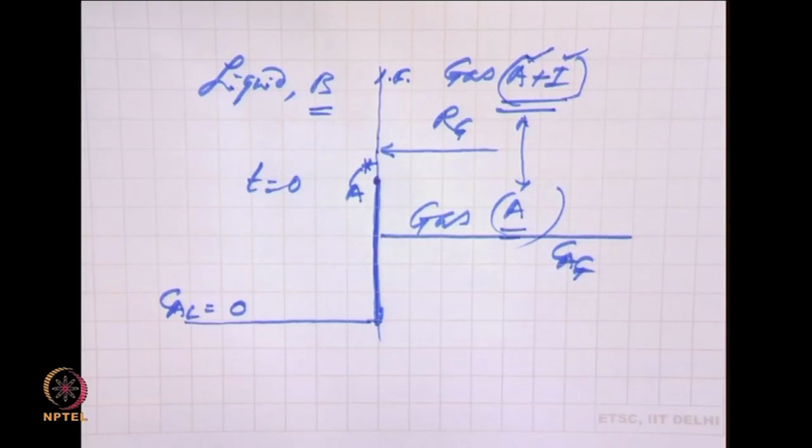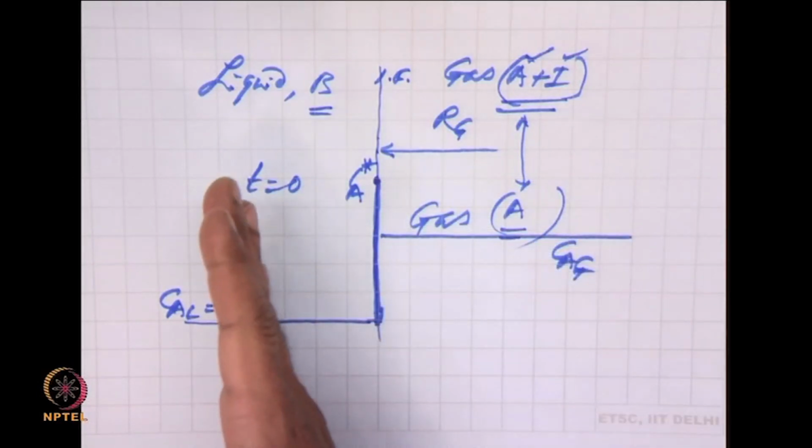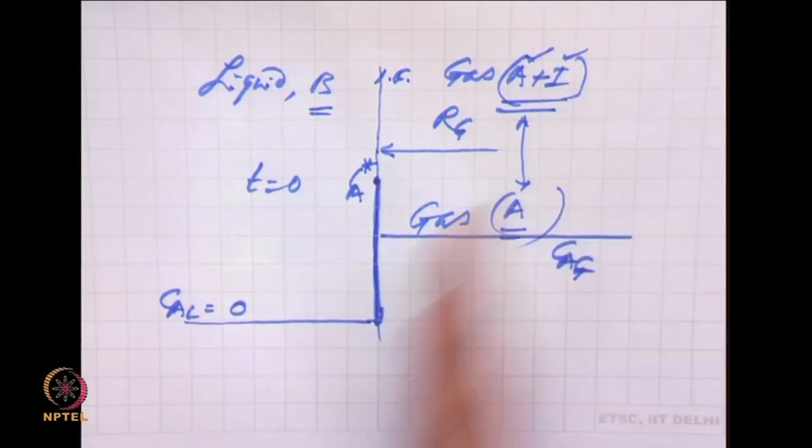But we have to think of how that infinite flux, if it is to be carried into the liquid, would arrive at the interface. It has to come in terms of molecules of A reaching the surface. How would they reach? You know the strike rate of these A molecules on this surface, P by root 2 pi m k T kind of thing.